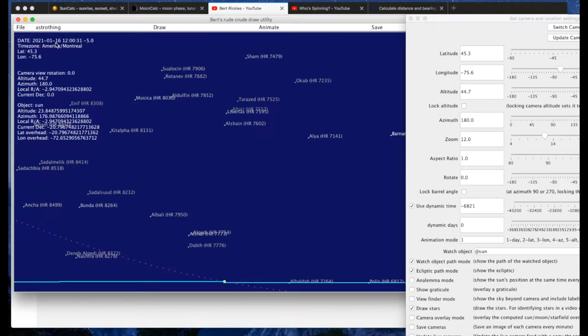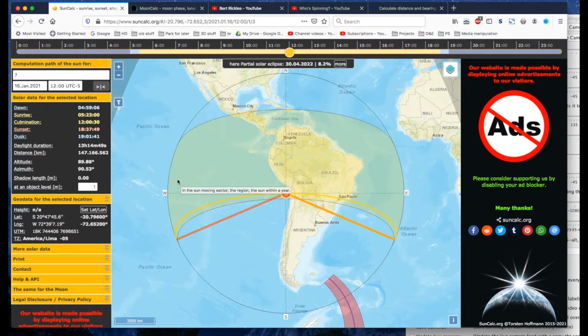As of this particular time, Eastern Standard, the sun should appear directly overhead at a latitude of minus 20.796 and a longitude of minus 72.652. I took that and dialed that into SunCalc, and as you can see at that same coordinate, the altitude is 89.88 and the azimuth is 90, and you can see that the sun appears directly overhead.